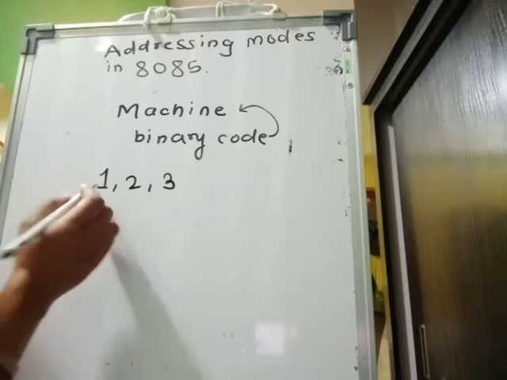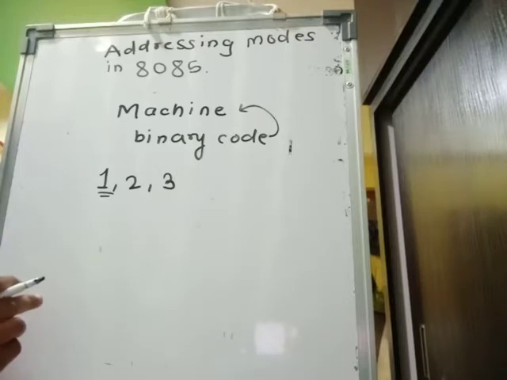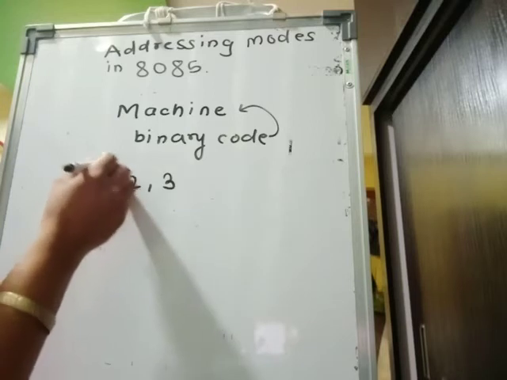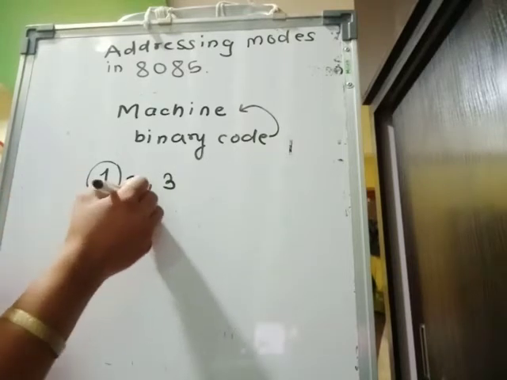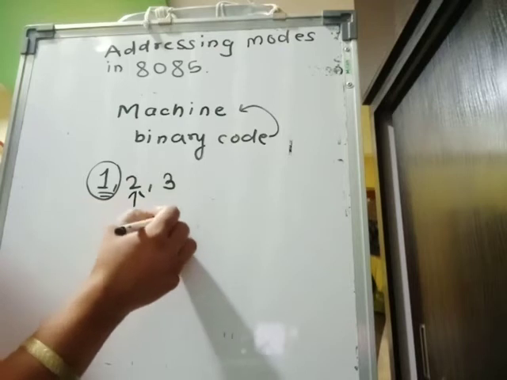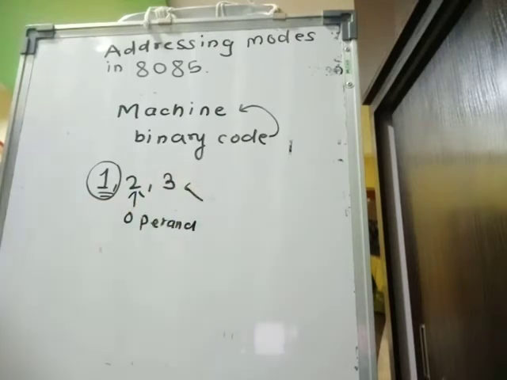The first byte shows the operation type to be performed, and the second and third bytes indicate the operand or the address of the operand. This shows the operand, and this shows the address of the operand.